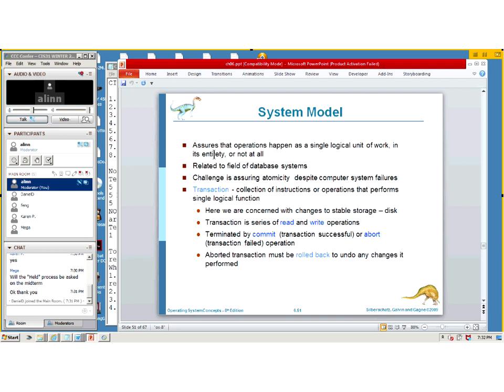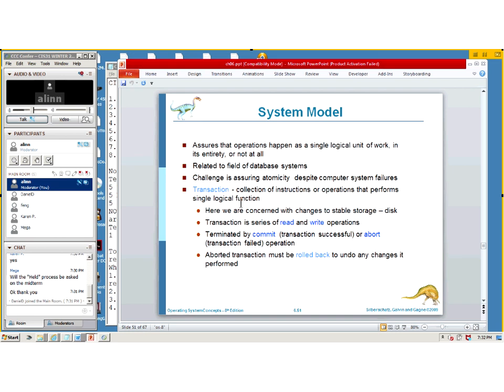So it basically assures that operations happen as a single logical unit of work in its entirety, or it doesn't happen at all. And it's kind of related to a field of database systems, but it's also related to file management concepts on your disk device. So let's look at a transaction.